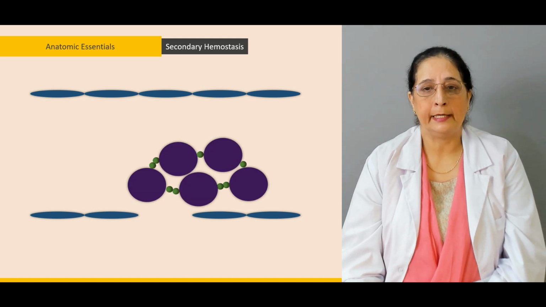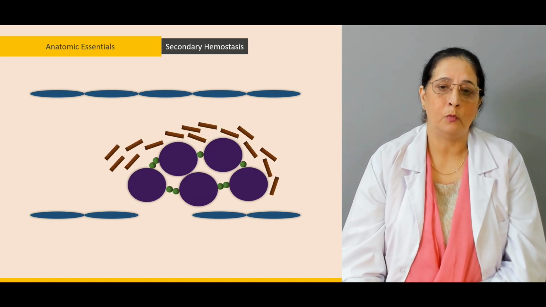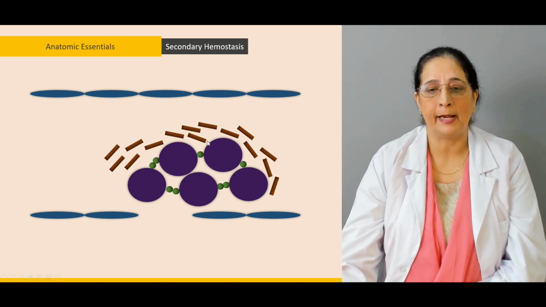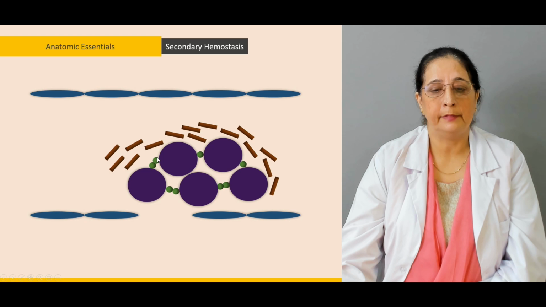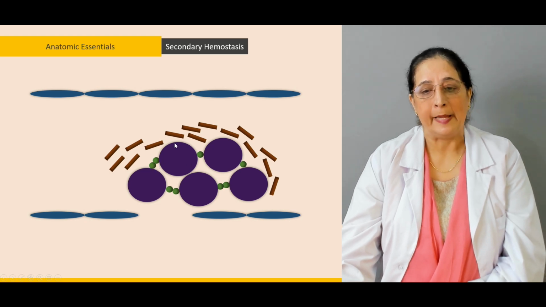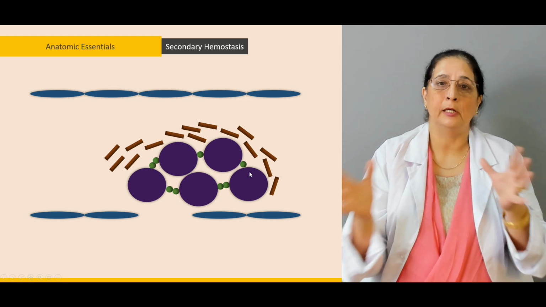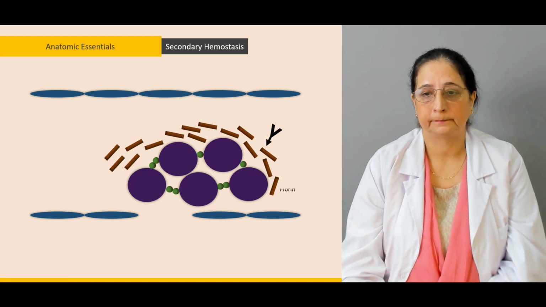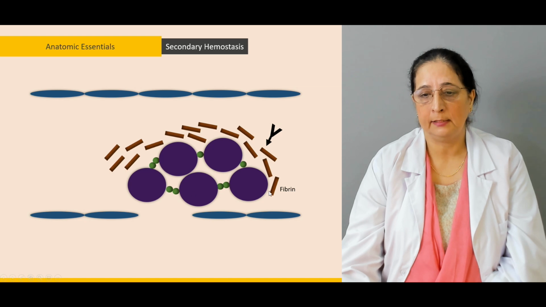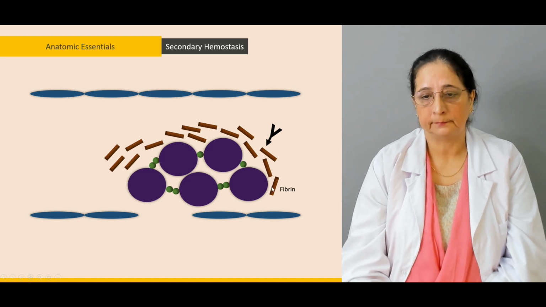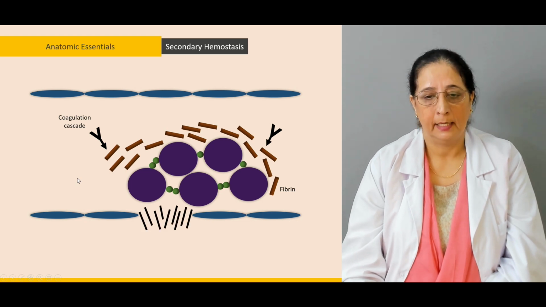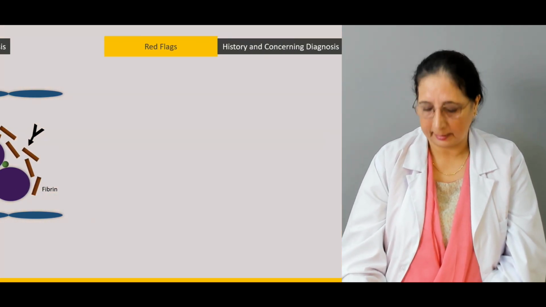Also, another secondary hemostasis. Now what's going on is we have the von Willebrand factor, we have the fibrinogen, platelet cells, and this all together forms the blood clot. So fibrin, coagulation cascade, von Willebrand factors.